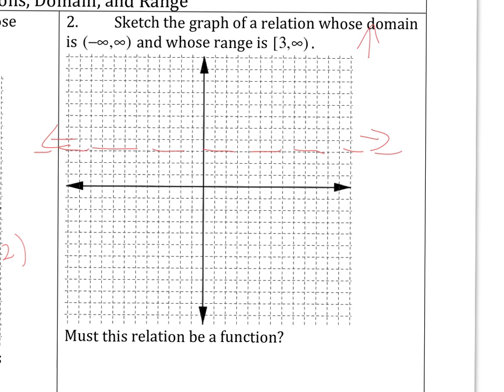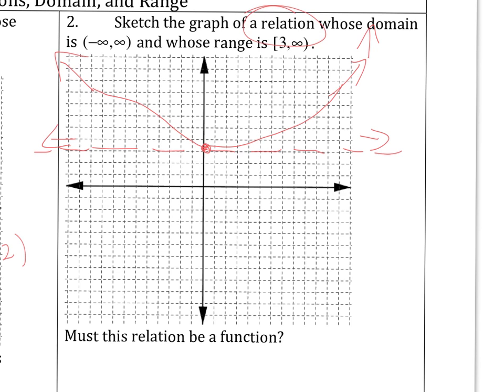Aside from these two conditions, it doesn't really matter what my graph looks like, in part because it says relation, and in part because anything that I do that kind of goes off and up in both directions and hits a height of 3 at least once is going to make this true.